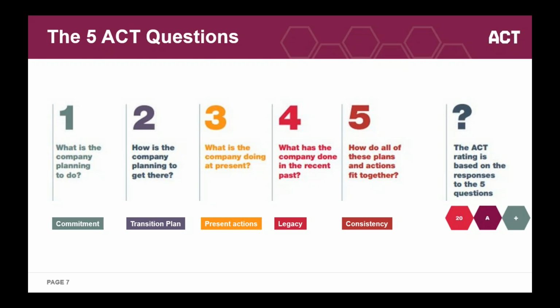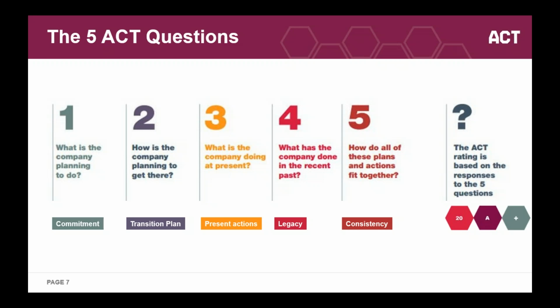Now, ACT is a future-oriented assessment. We're looking out to 2050, but it's really important to know where a company is starting from. So we also ask, what's the company doing at present, that present action? And we also want to take into account the recent past. So what's the legacy?